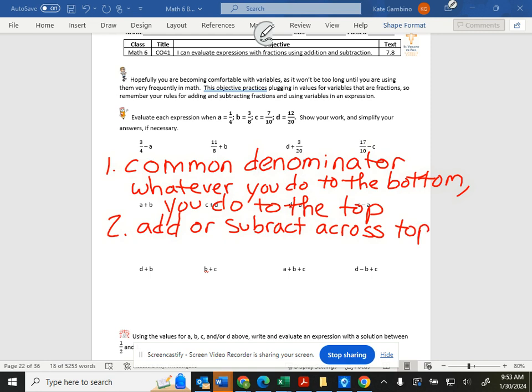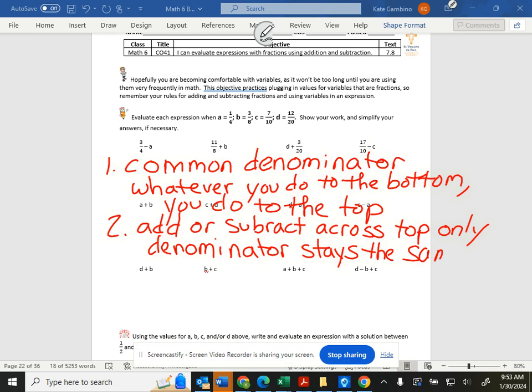Top only. Denominator stays the same. Very important to remember that the denominator stays the same.